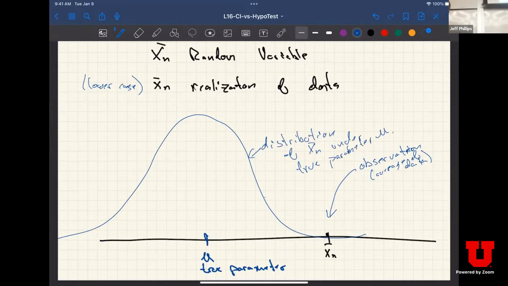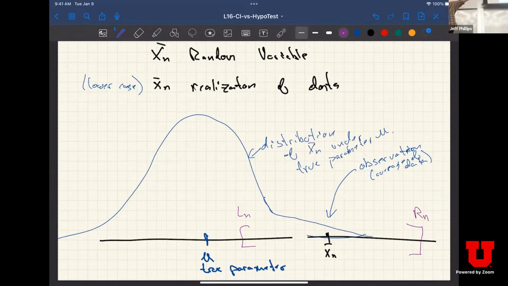But then we make an actual observation, which in this case was out in the tail. So this actual observation is here, and we'd like to put a confidence interval around it. Given this actual observation, we put some interval ln, rn.